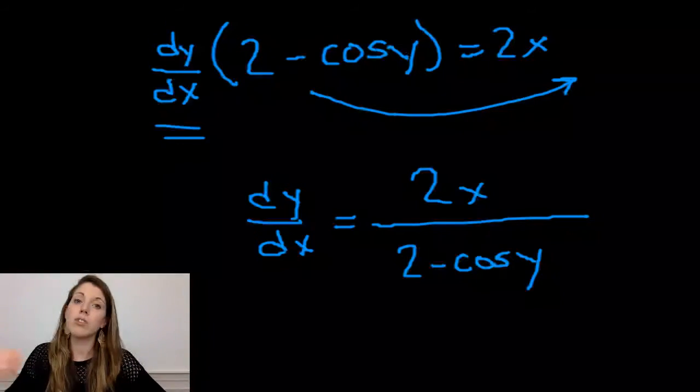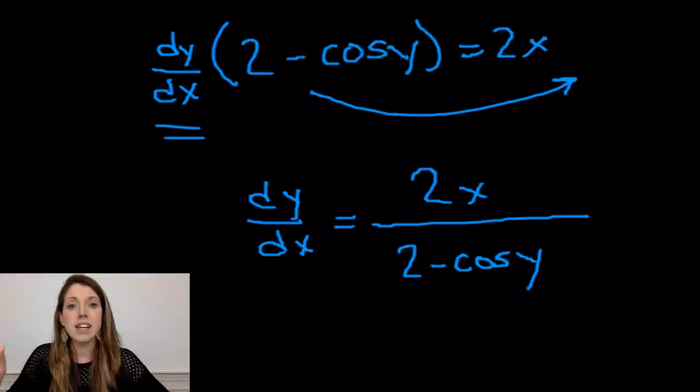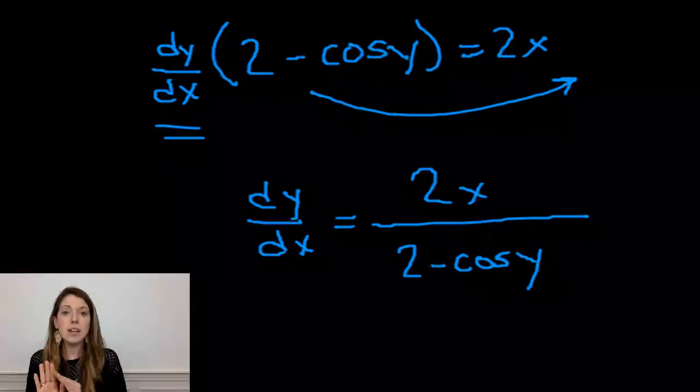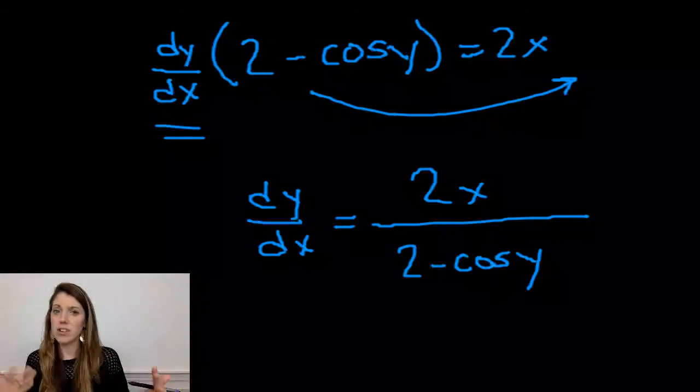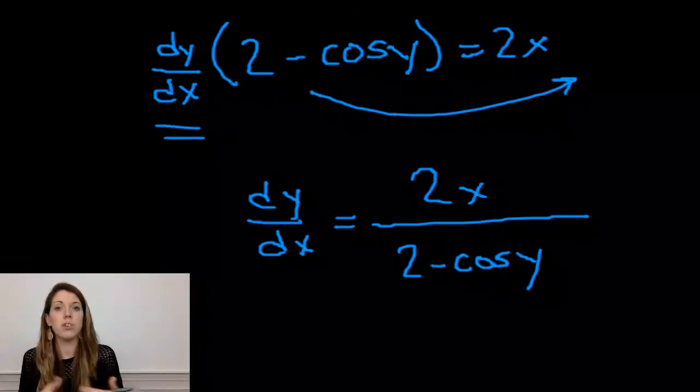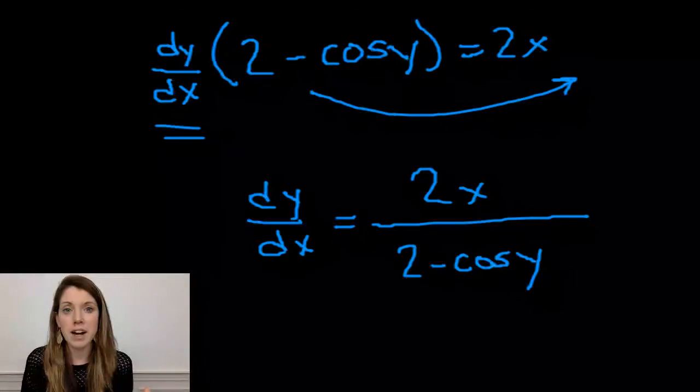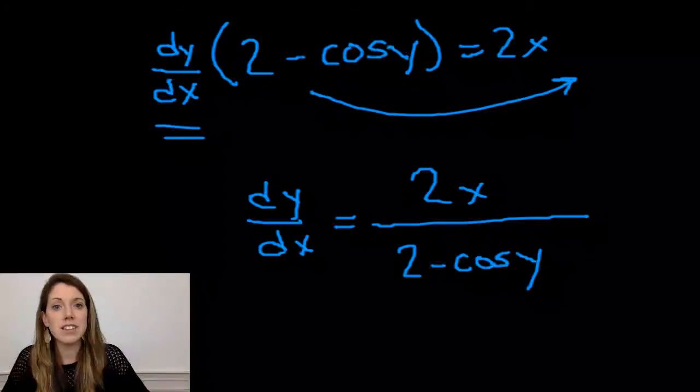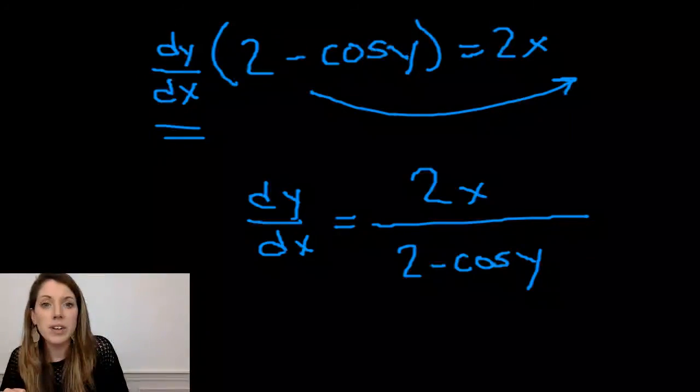We're working towards the goal of getting dy dx on one side of the equation equals a bunch of stuff. And when we get it to that point, we know we're done. There can only be one dy dx equals an equation of some kind. All right, that is where I will leave it. Don't want to overcomplicate the process, and we'll pick up with that during our class time.